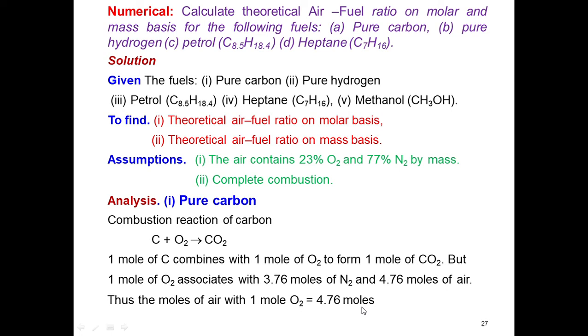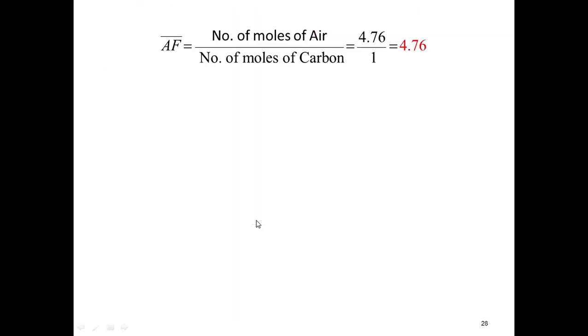That you should remember: 1 mole of oxygen requires 4.76 moles of air. So the number of moles of air is 4.76 when the moles of carbon is 1. So the air fuel ratio on molar basis is 4.76.